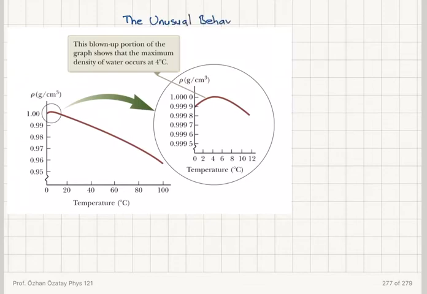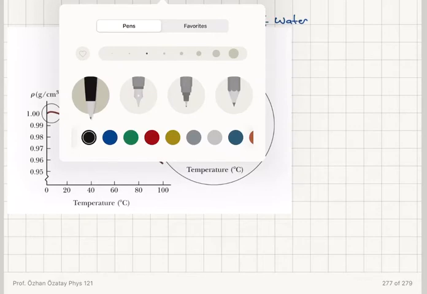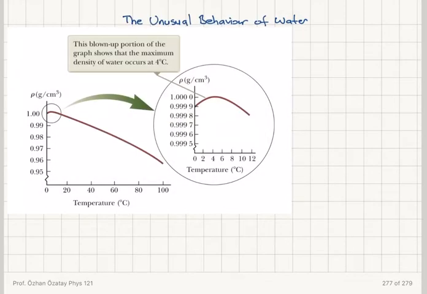Let's see, there is an anomaly going on between temperatures 0 degrees C and 4 degrees C. Normally, if water expands as it's heated, its density, mass of the water divided by its volume, as temperature increases, we expect that V increases and density decreases.